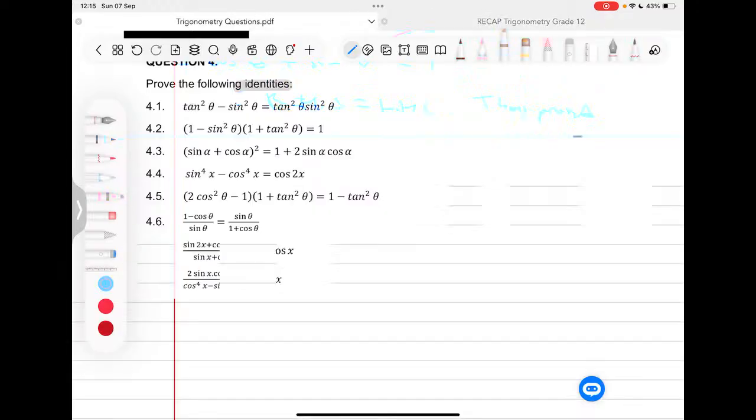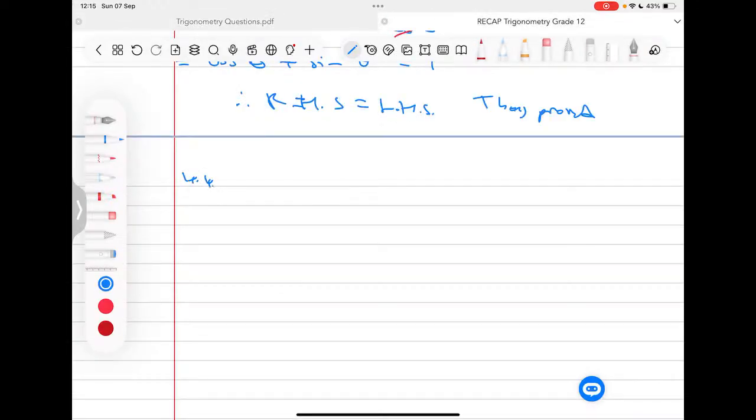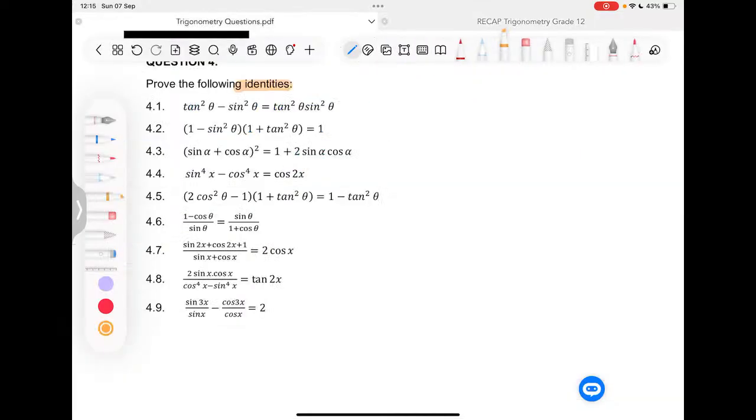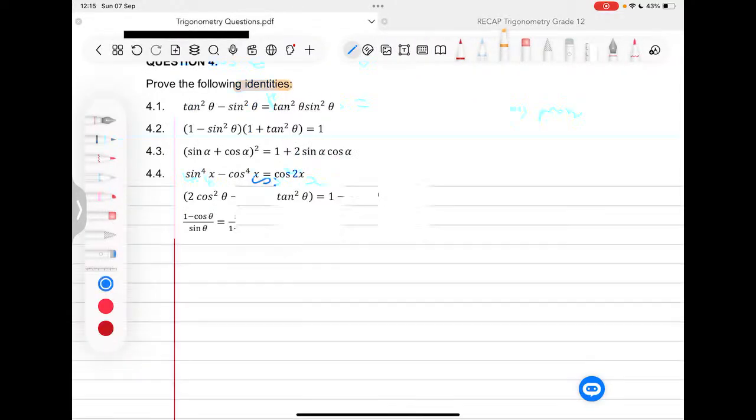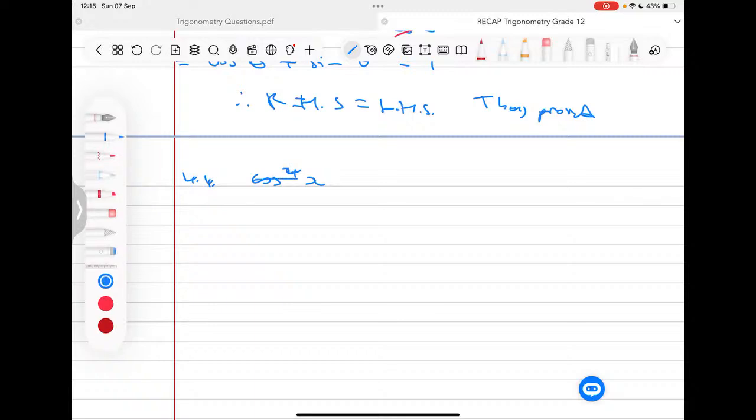Right, so in 4.4 we are given cos to the power 4x. No, we are given a sine actually. So we have here sine to the power 4 x.